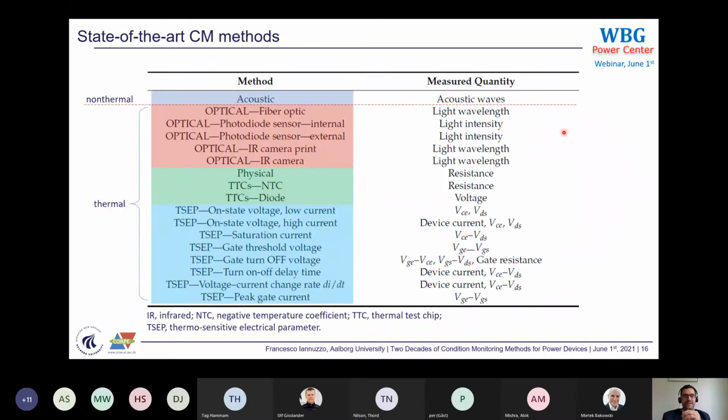Just to classify a little bit what condition monitoring methods are, you can see a large majority of them work by thermal monitoring, which basically means temperature. And this is for good reason, because I don't have time to go into it, but I think it is largely shared that the main killer of power electronics is temperature and temperature swing.